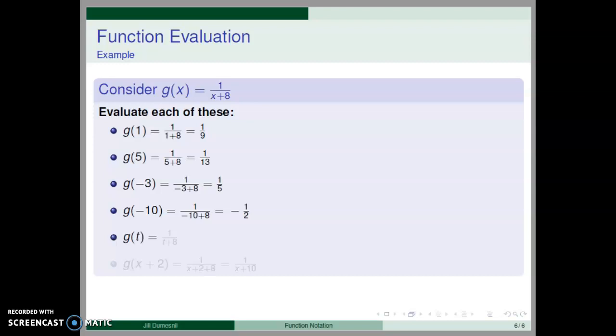To compute g of t, we get 1 over t plus 8. Finally, to compute g of x plus 2, we substitute x plus 2 into the formula for x, producing 1 over the quantity x plus 10.